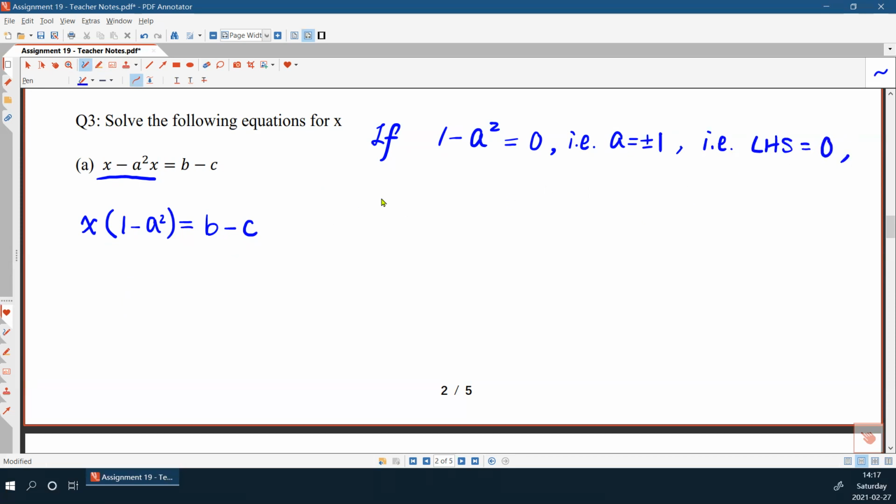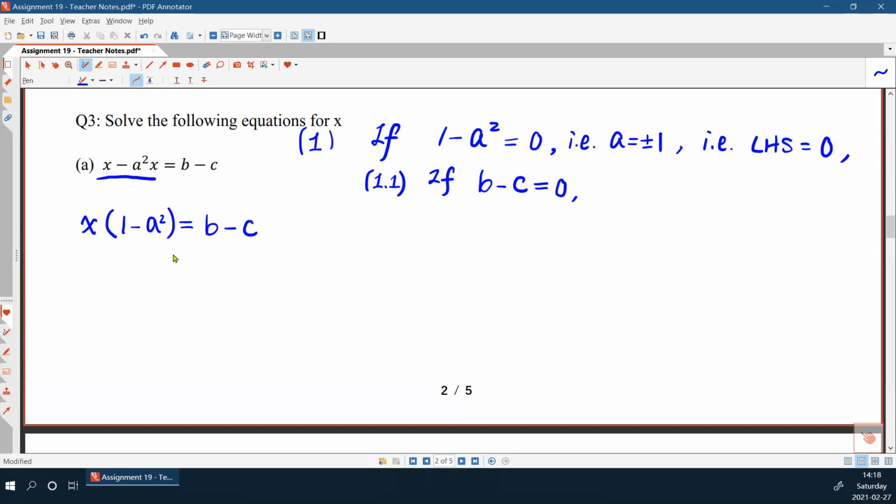So in this case, the solution depends on the right-hand side. So if b minus c is also 0, so what will happen? Okay, suppose this is equation 1.1.